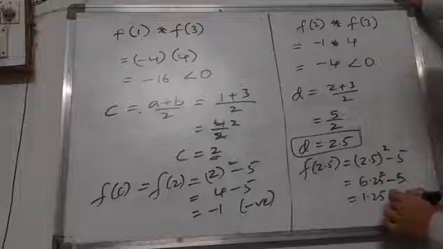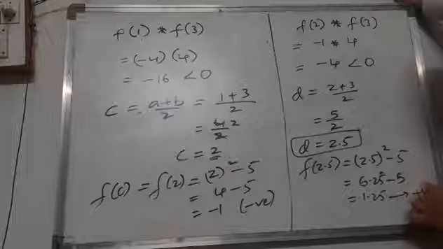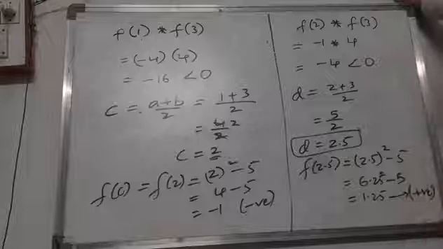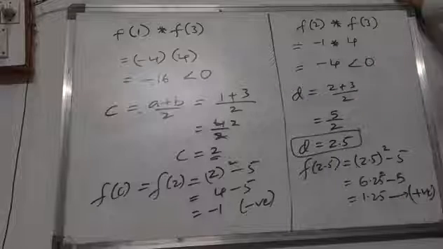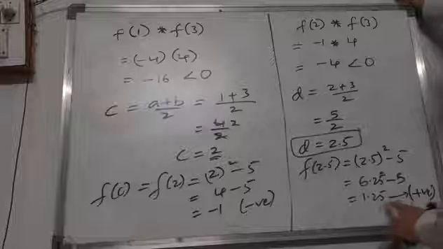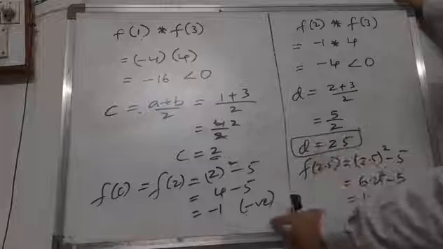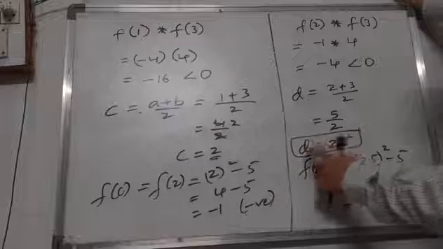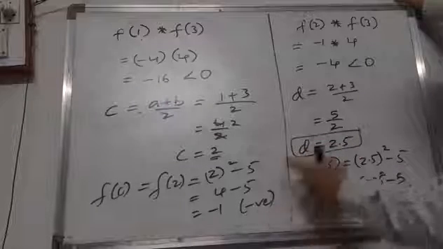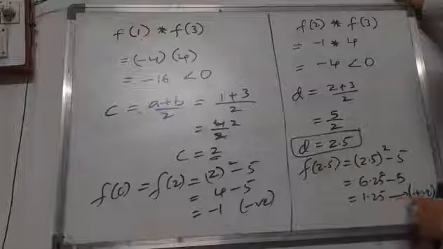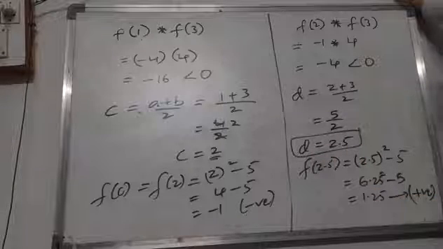So 1.25 is a positive result we got. So if you get a positive result, then the root is going to lie between D and C, because if you multiply f of C with f of D, then you will get a negative result.